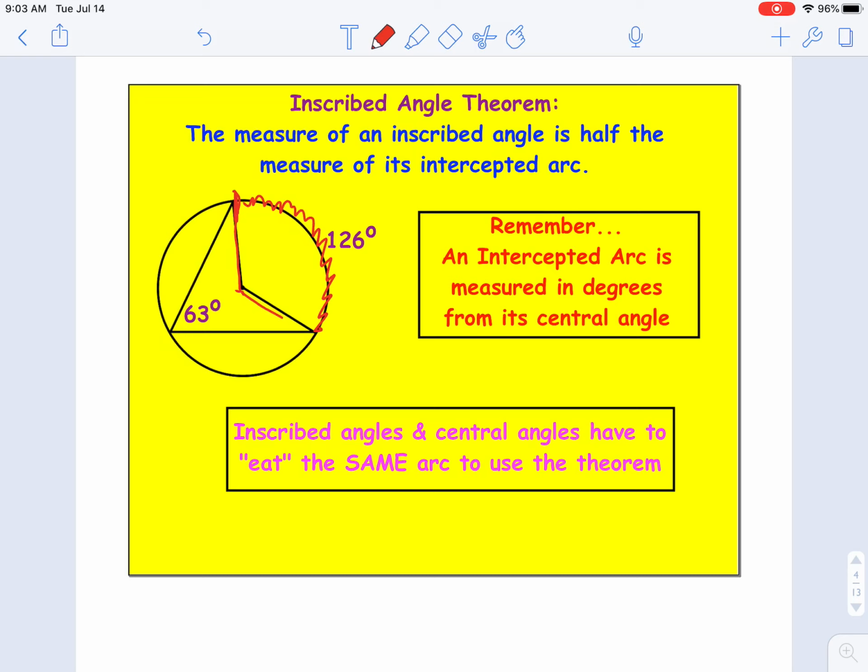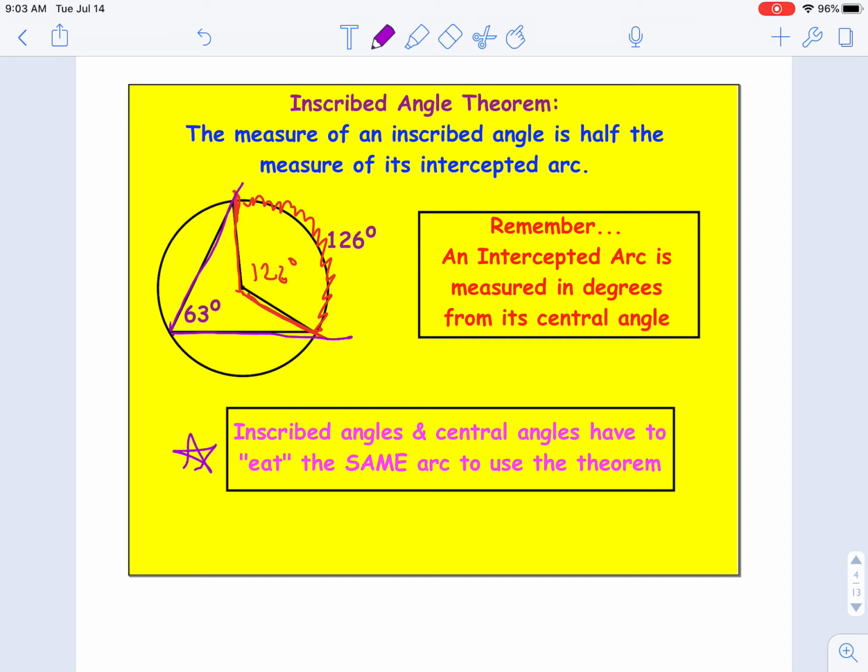So here is the intercepted arc for this central angle, and those will have the same degree measure, so that will be 126 degrees, just like the intercepted arc. And the inscribed angle that intercepts that same arc is going to be half the measure.